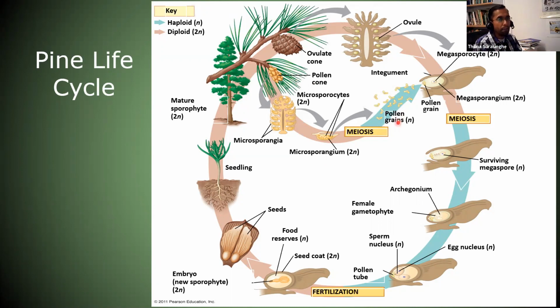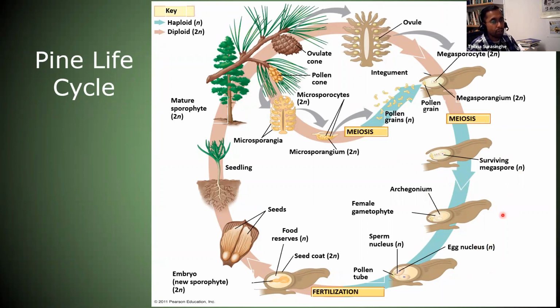Now, what you see is those pollen grains are extremely small. They're taken up by the wind, pollinated by the wind, and some of them will get deposited onto the ovule, right? On the top of the ovule, there is a tiny opening called micropyle, and I will show that later on. And it will land on the megasporangium, right? And then the megaspore, the surviving megaspore, meanwhile, will undergo some development.